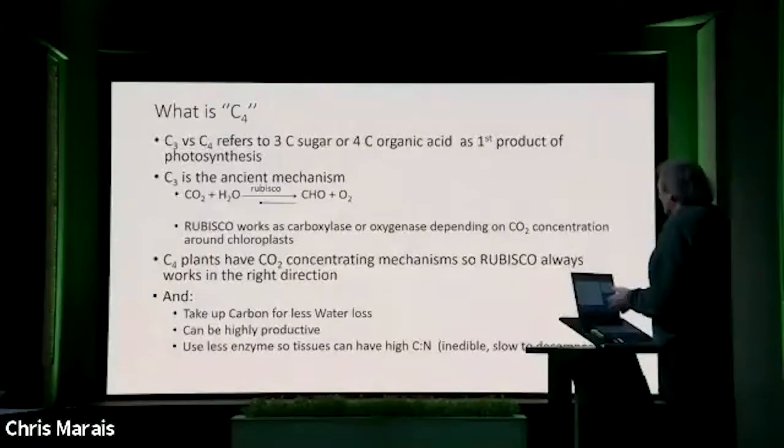Now, what animals are interested in is the enzyme, the nitrogen that contains it. If they use a lot less enzyme, it means that the tissues have a lot of carbon, inedible stuff, like chewing paper, and not enough nitrogen, not enough protein to keep you good. So they tend to be inedible, and they're also very slow to decompose. They don't just break down; some of them sit there staring you in the face for years without decomposing.